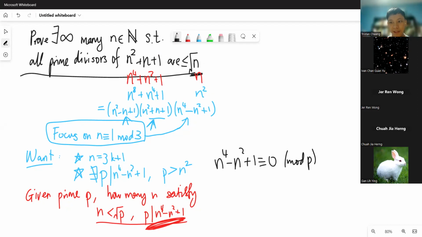Anyone? Some mod p field or whatever. It's a polynomial of degree 4, so there's at most 4 roots. At most 4 solutions mod p.